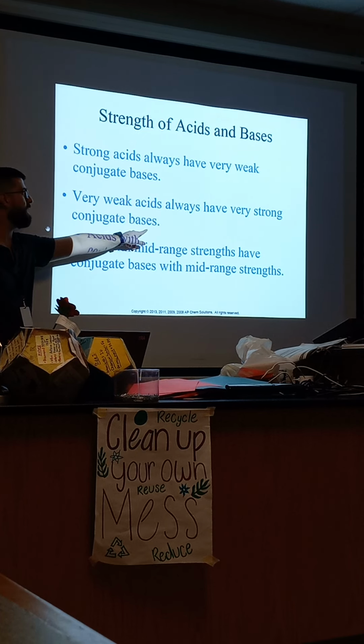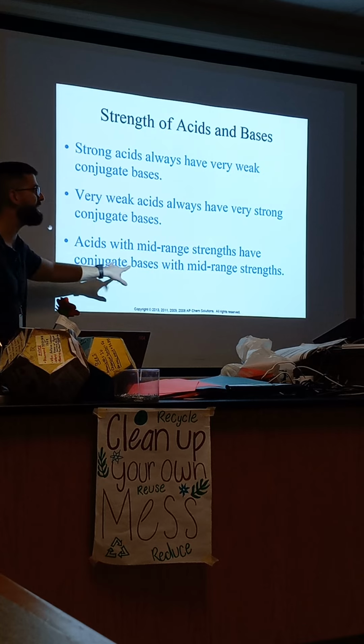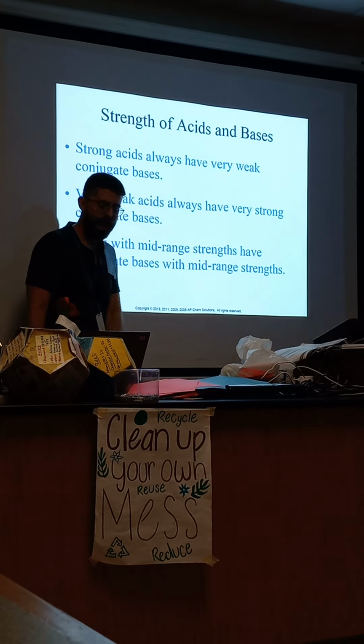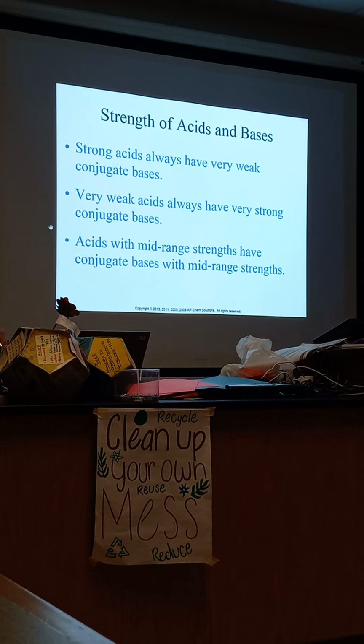So it's inverse. And then acids with mid-range strength have conjugate bases with mid-range strength. The way you can think about this, guys, because it might seem confusing at first, is if it's strong, its conjugate must be weak. And then think of it like a slider.